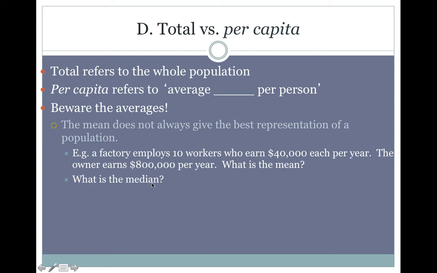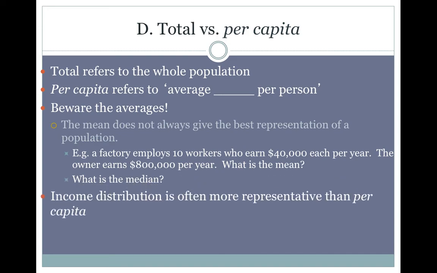Maybe a better indicator might be the median income. What does the middle person make when we look at it in a row? Anyway, just note that averages are not always the most useful way of measuring income per person.